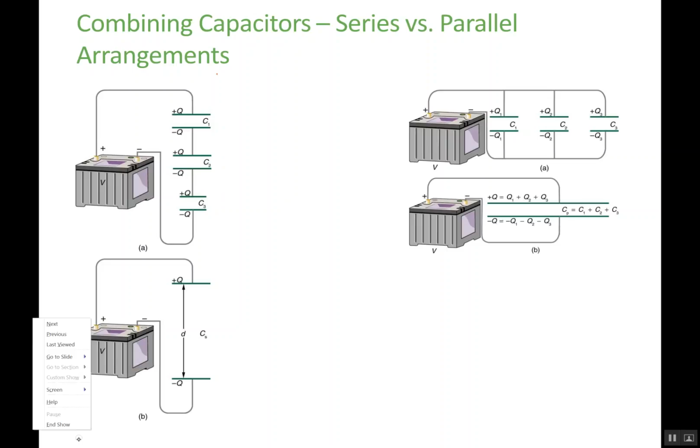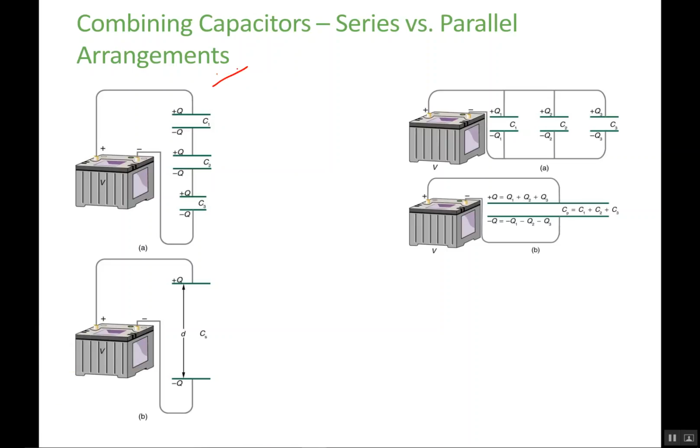Let me back up. One way to think about it is the battery is seeing an effective capacitor that has a greater distance between the plates. In other words, it's almost like the distance between the plates adds together.